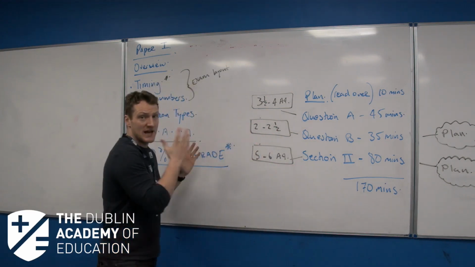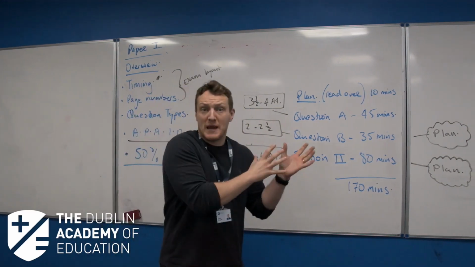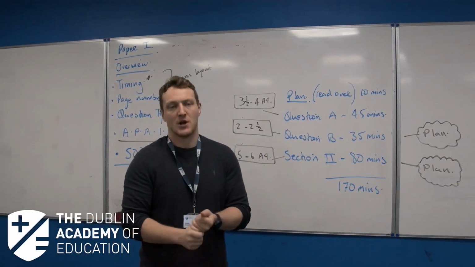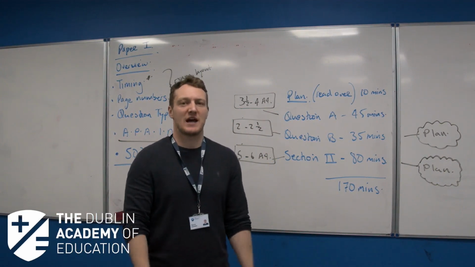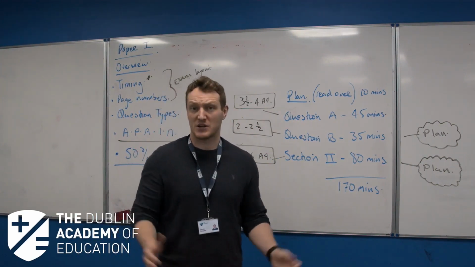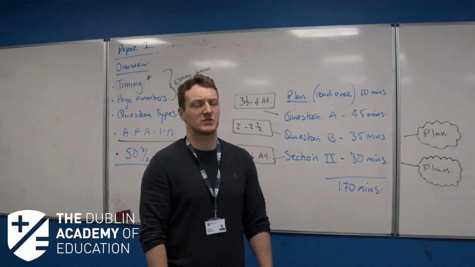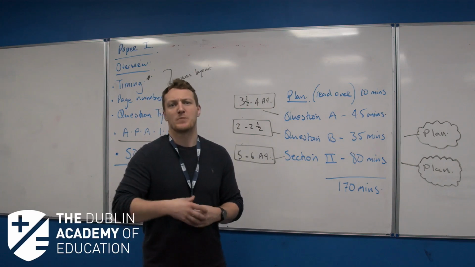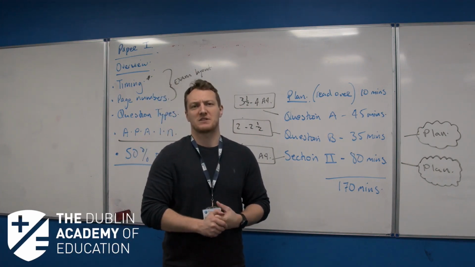Not 25% of just paper 1, but 25% of everything that we do in English. So we need to give it those 2 sessions and its due course. That's what we're going to look at over the next 5 sessions, and we'll try to take as much information as we can from it in order to have a successful paper 1.